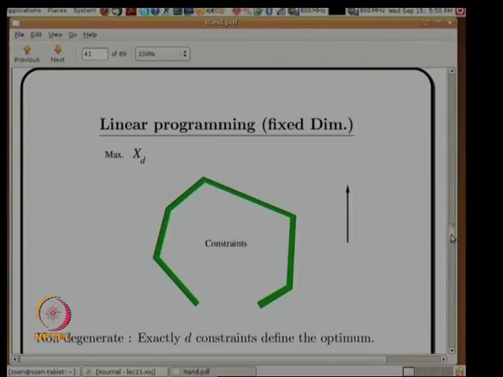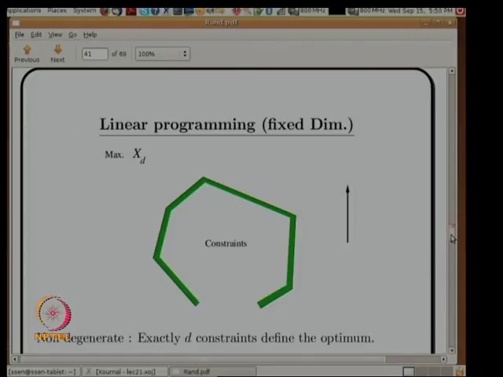What is being shown here is just a two-dimensional case of linear programming where all the constraints are half planes, and this convex polygon is the feasible region.